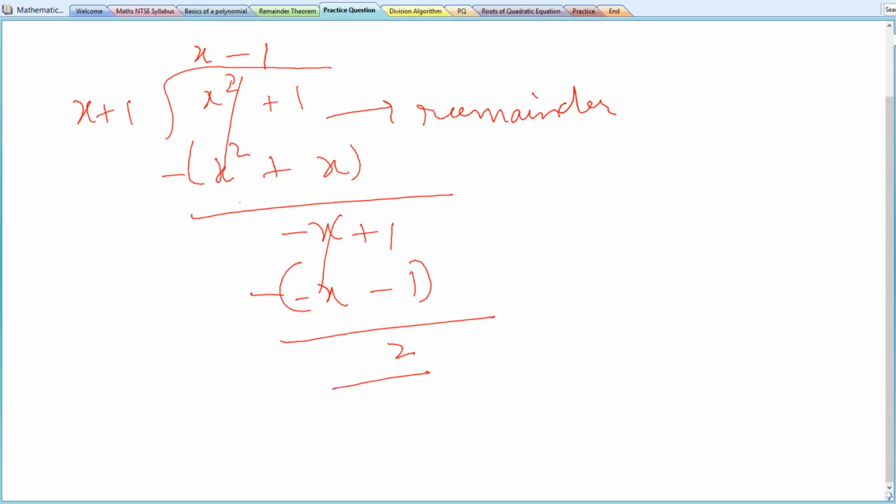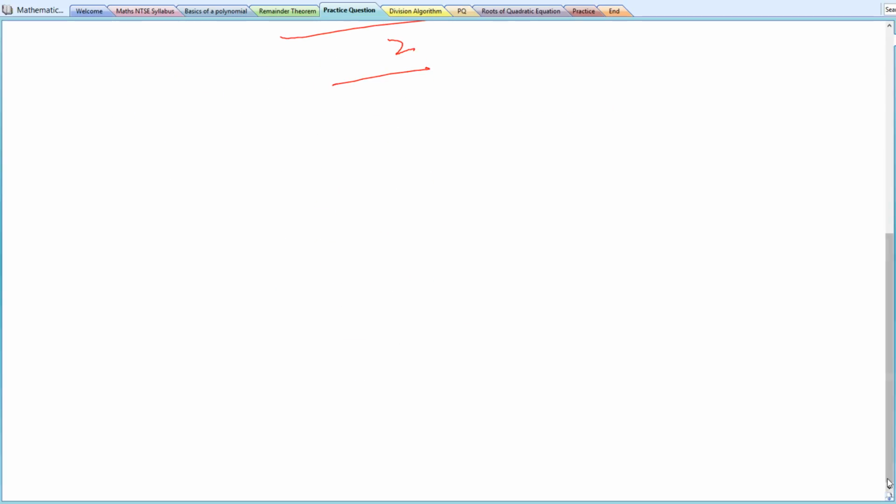Now what if I apply the remainder theorem here? Will it be easier or shorter? Let's say I apply the remainder theorem. The first step in the remainder theorem was that the divisor is put equal to 0. I get x is equal to minus 1. So I have the polynomial x square plus 1, and I'll put the value of x in this.